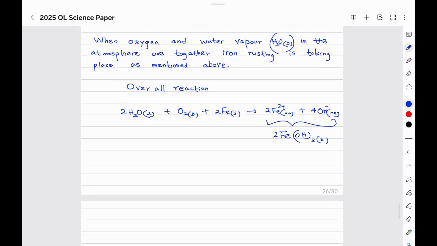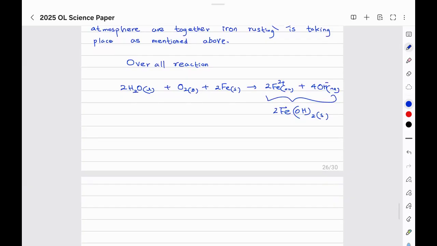Then this hydroxide is reacting with atmospheric oxygen to produce Fe2O3.xH2O solid.